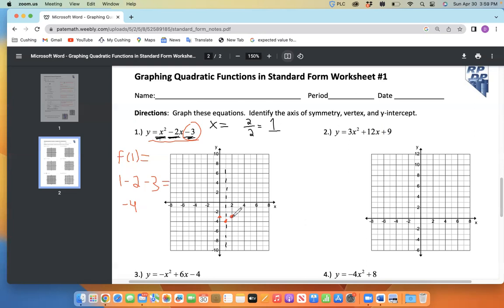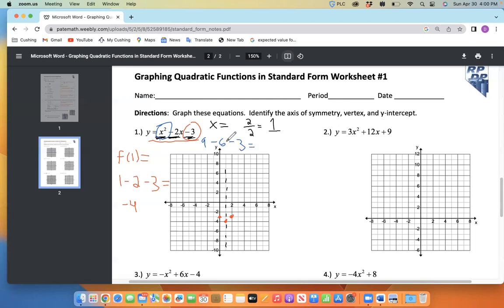So that's 3 points. If I want to get another point, I'm going to do that just to be thorough. I'm going to figure out what f of 3 is. I could also do f of negative 1, but maybe 3 is easier. So I'm going to put in 3 for x. That's 3 squared, so that's 9, minus 2 times 3, that's minus 6, and then minus 3.